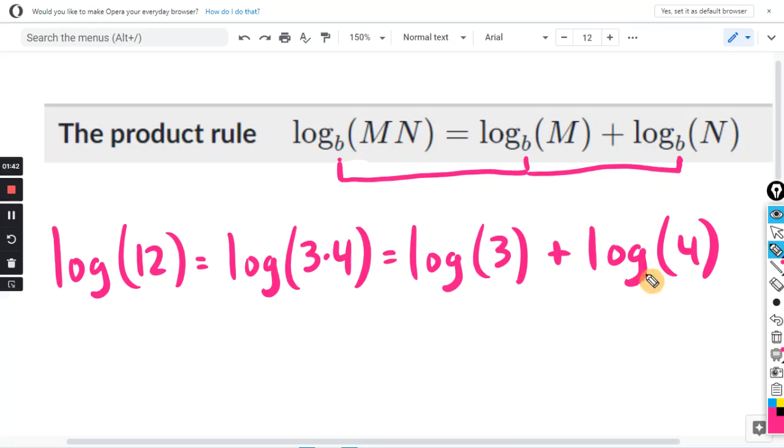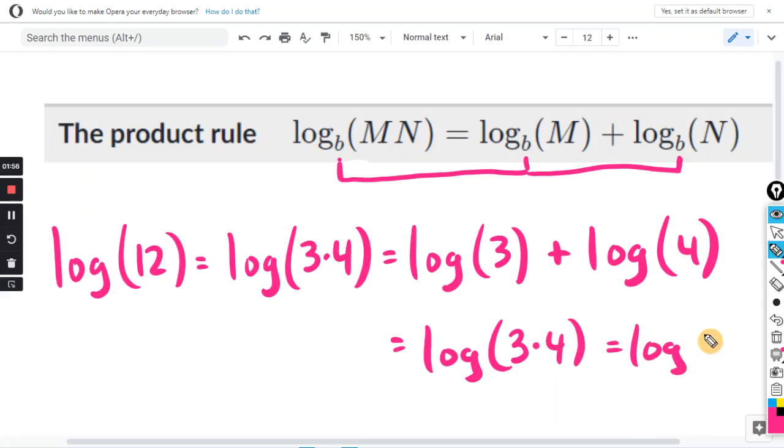All right, and you can do this backwards as well. If you have the log of something plus the log of something, that's going to equal the log of those two numbers multiplied by each other. All right, so it goes either way.